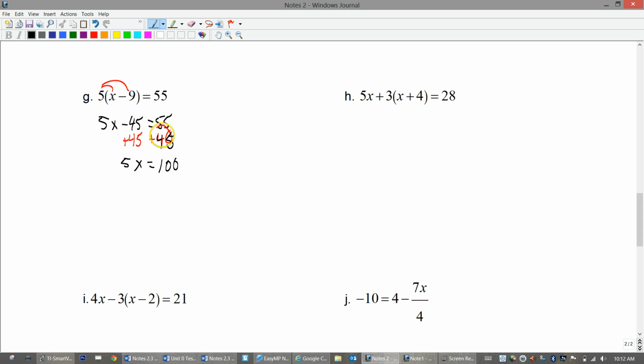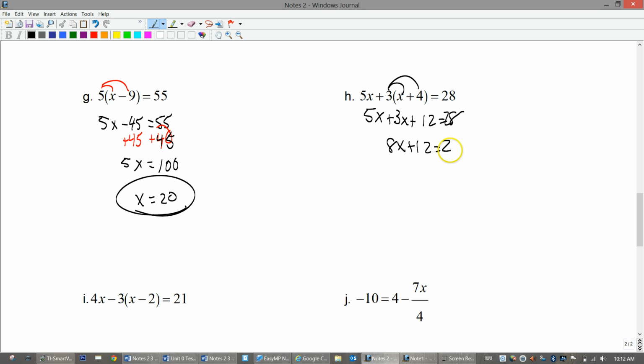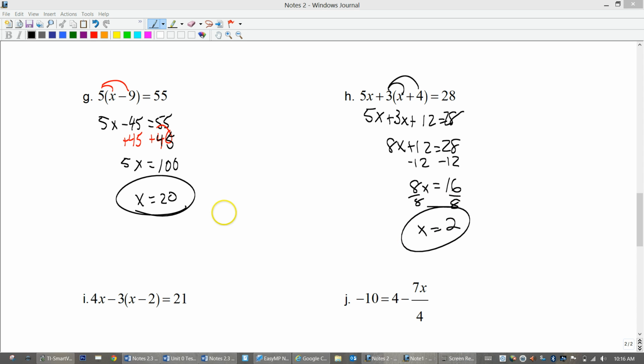It's 45 there. And the next one. Divided by 12, minus 12, rather.